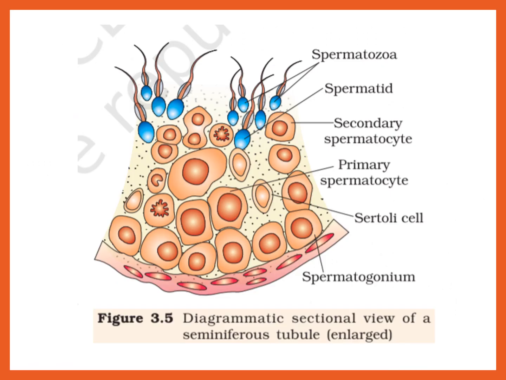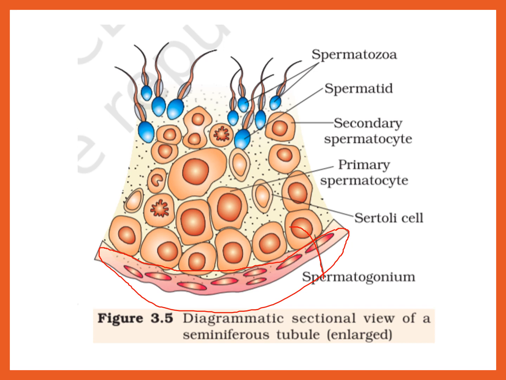This is a textbook diagram. Here you have the germinal epithelial layer, the outer layer. Inner to that you have the spermatogonial cells. These are your spermatogonial cells. And you have Sertoli cells also, which we have discussed previously.